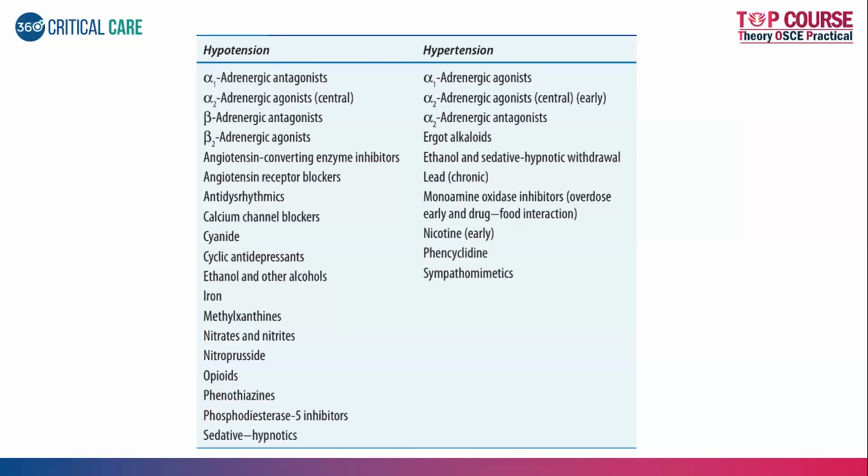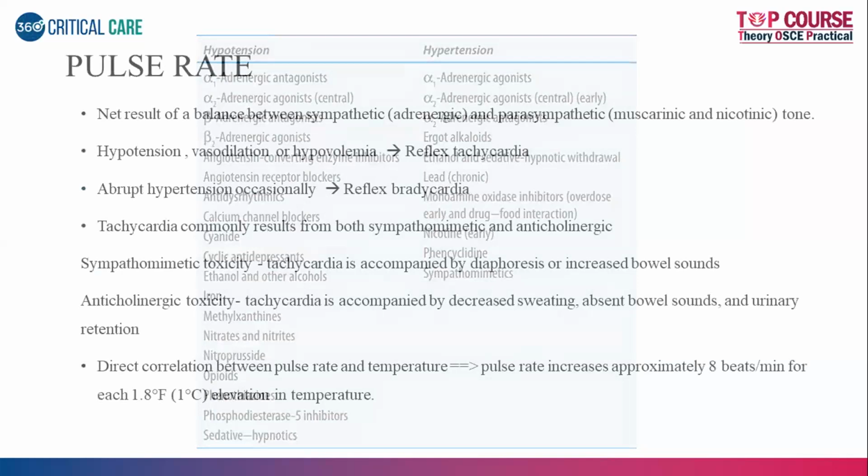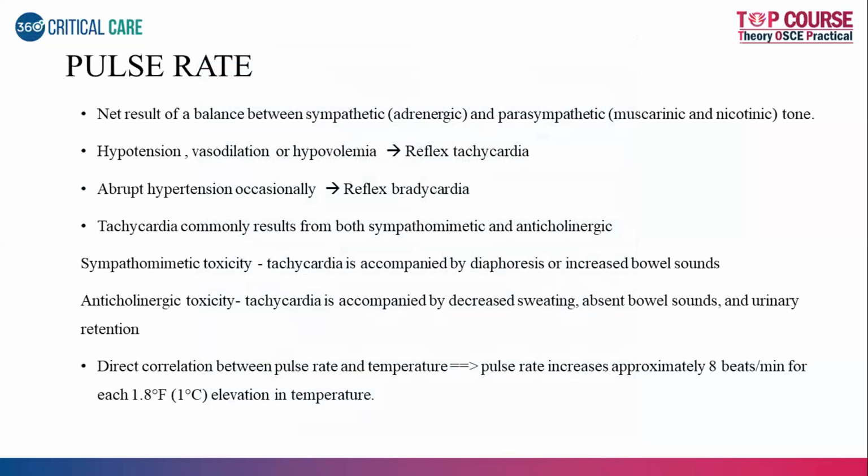These cause hypotension. Hypertension is caused by alpha-1 adrenergic agonists, ergot alkaloids, monoamine oxidase inhibitors, nicotine, and all the sympathomimetics. These cause hypertension.